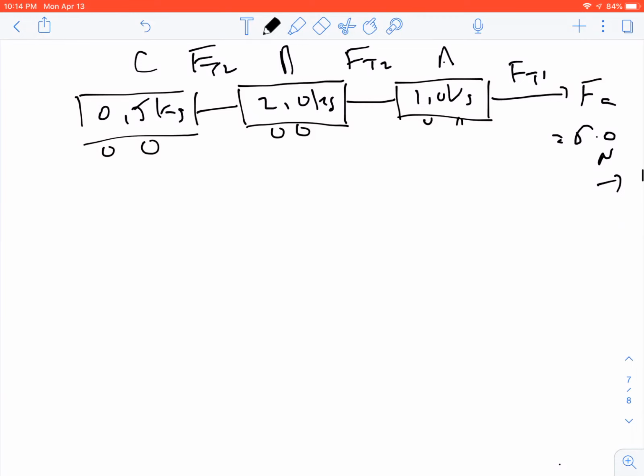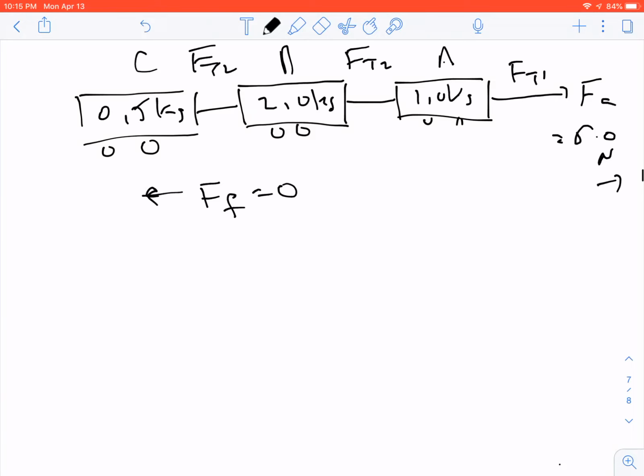I'm going to make the assumption here that the frictional force is 0. These are really good wheels on this toy. It was an expensive toy, and it's got great bearings, and there's very little friction in these wheels. In other words, if I pulled it, it would go for a long time before it stopped.